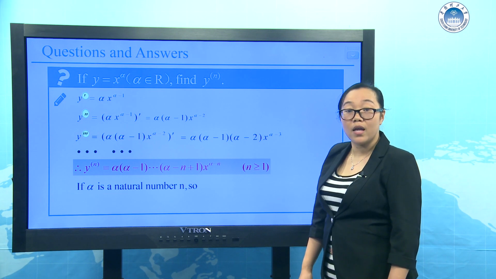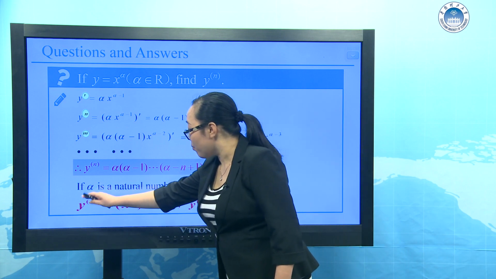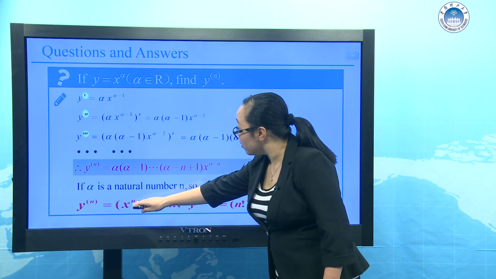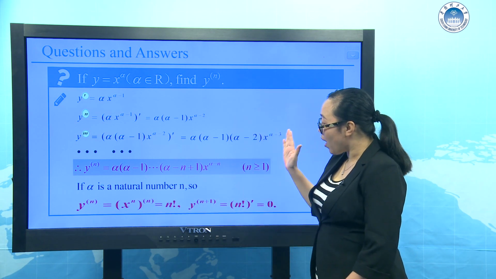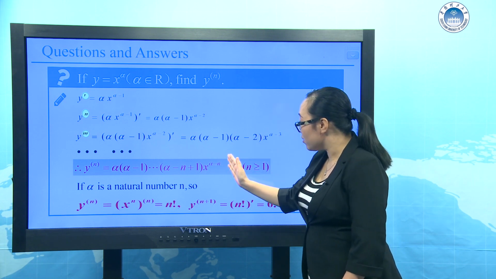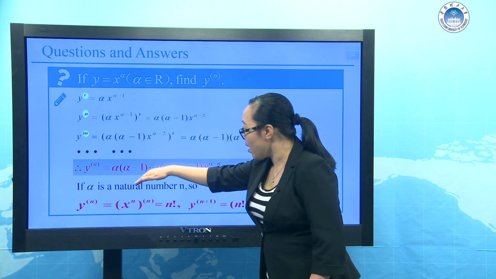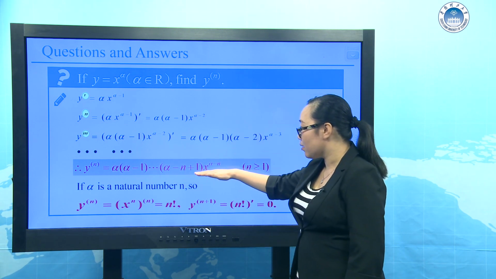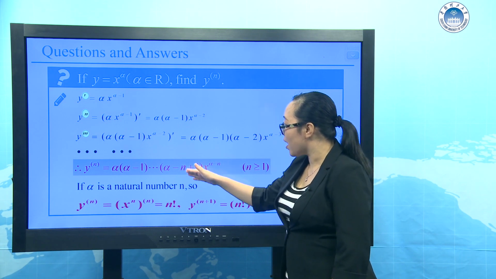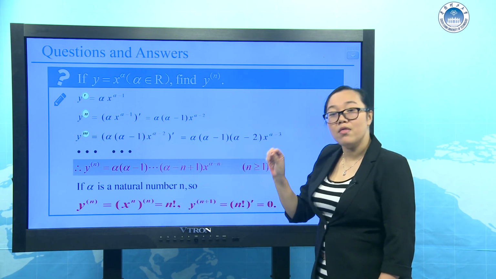The power is alpha minus n, where n is larger than or equal to 1. If alpha is a natural number n, we can get a special case. This means alpha equals n. If alpha equals n, then n minus n is 0 power, x^0 equals 1. The first is n, then n minus 1, n minus 2, and the last term n minus n plus 1 means 1, so 1 times 2 times 3 until n. This means n factorial.